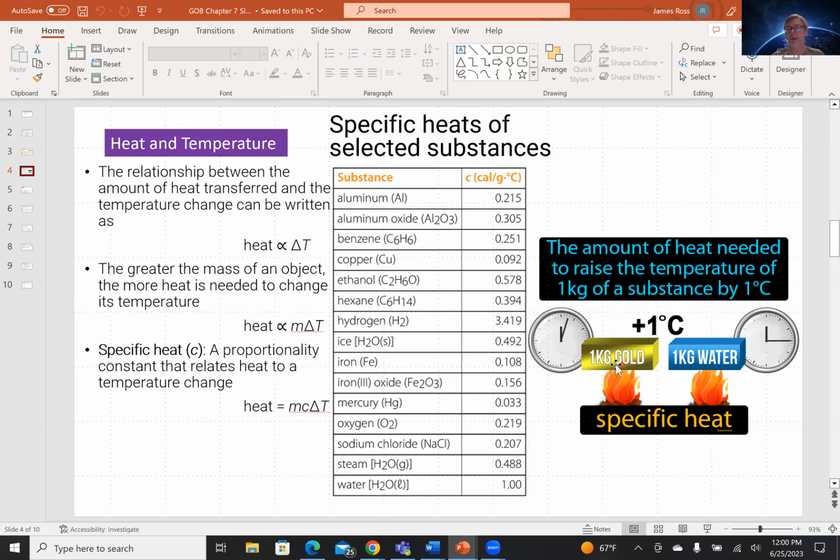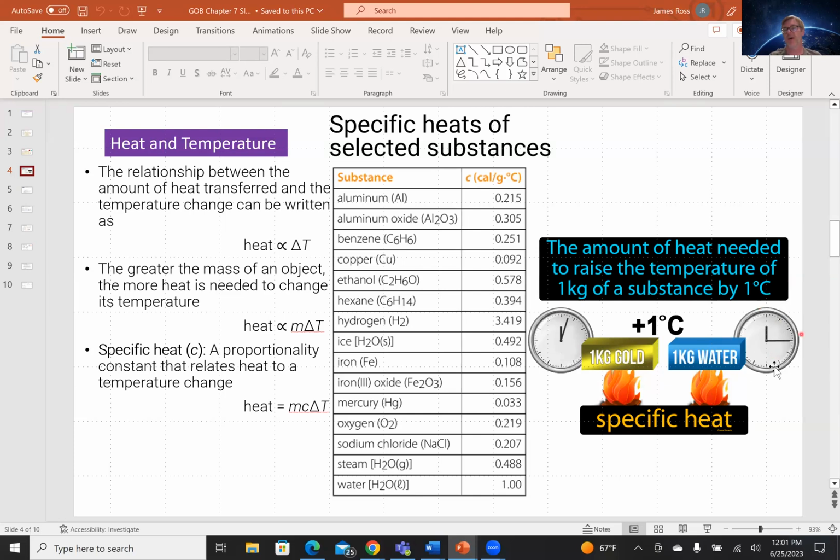So for a given mass of this material, either 1 kilogram of gold or 1 kilogram of water, we heat both samples, and the goal is to see how much heat is needed to raise this given mass of the material by 1 degree Celsius. And we can see that a lot more heat is needed to go into the water to raise its temperature, and a lot less heat is needed to go into the gold. This cartoon is supposed to represent the scale on a heat device, were that to exist.